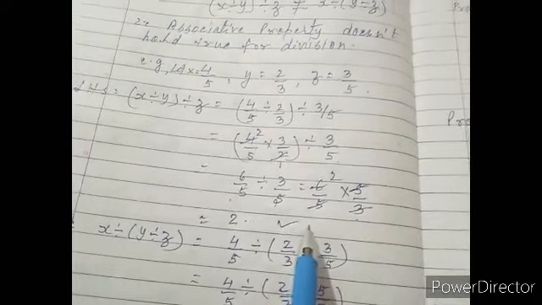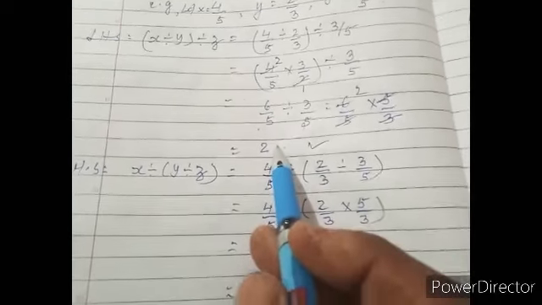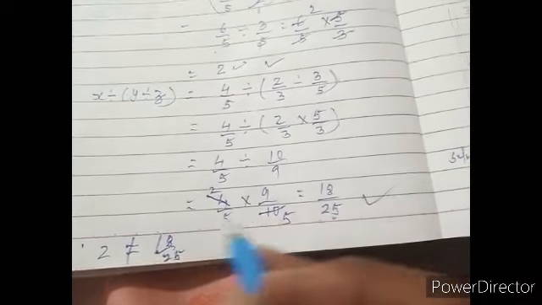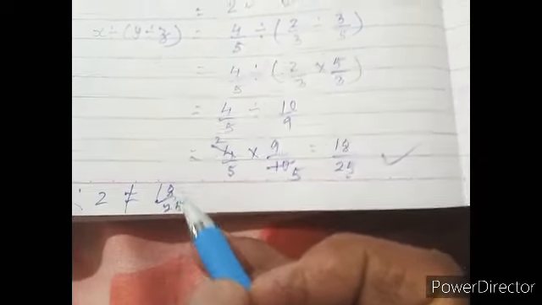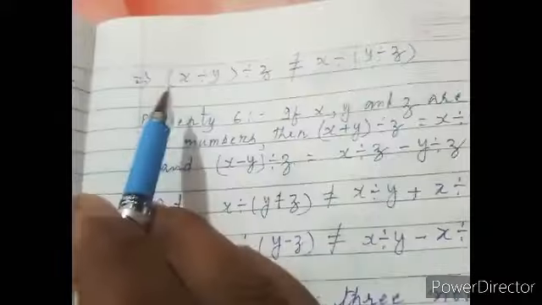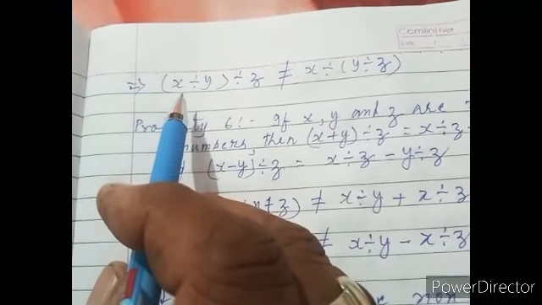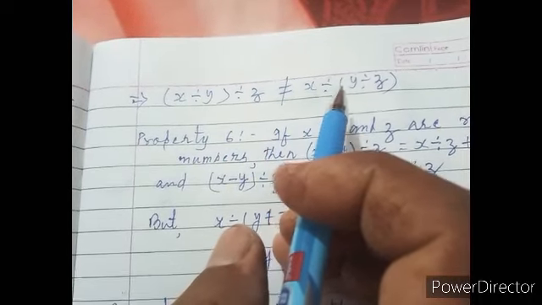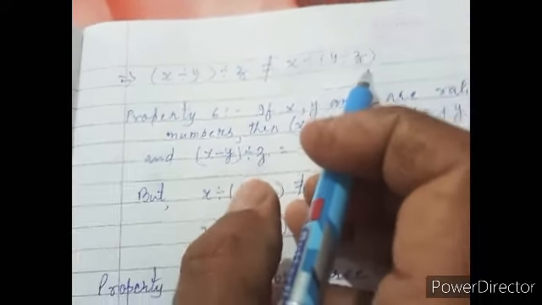So what do you observe here? LHS was 2, and RHS is 18 by 25. Since 2 is not equal to 18 by 25, this convinces us that LHS is not equal to RHS, that is x divided by y whole divided by z is not equal to x divided by the whole y divided by z.